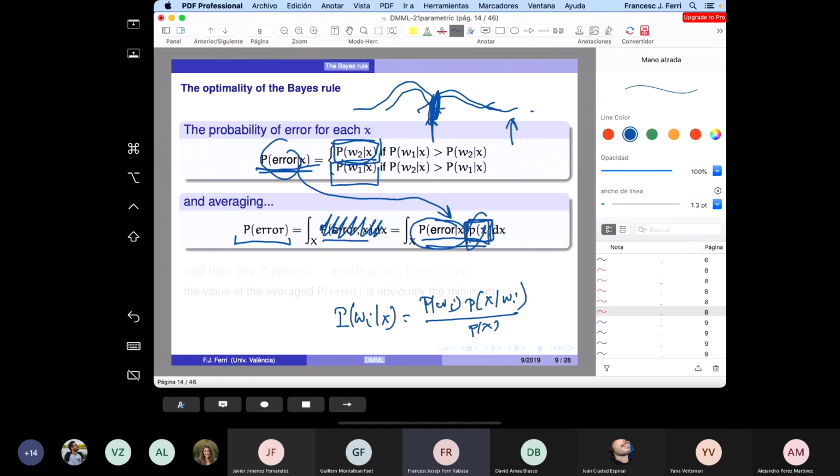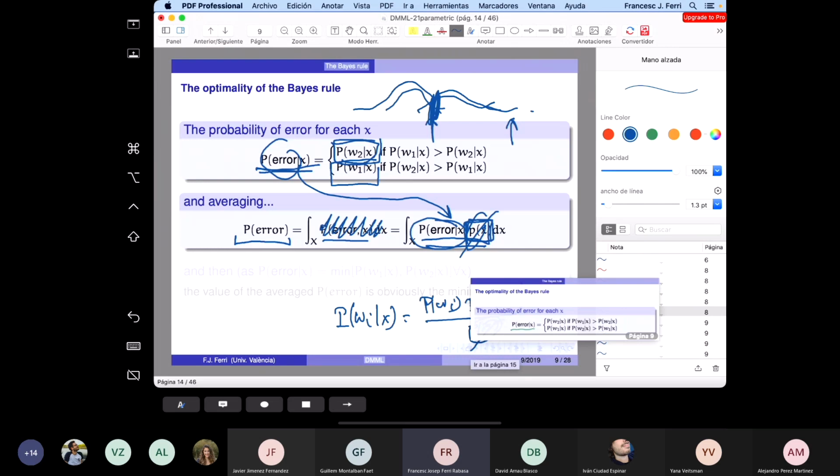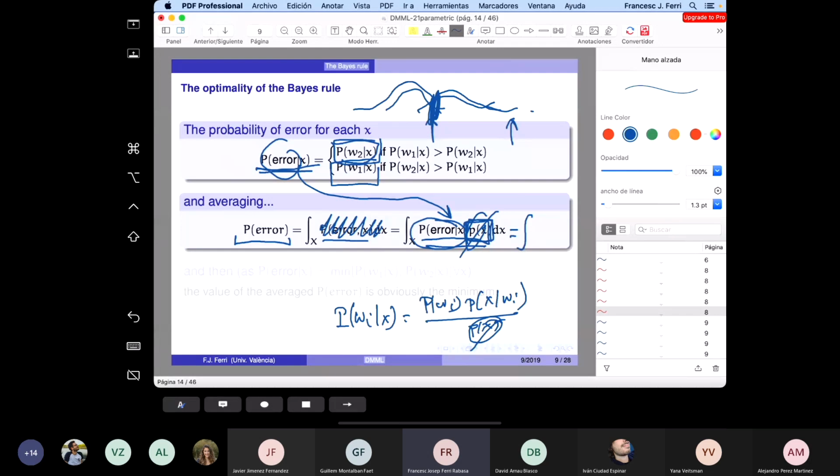So this p(x) here and this p(x) here cancel. And the error is also equal to the integral of the weighted conditionals. You see?